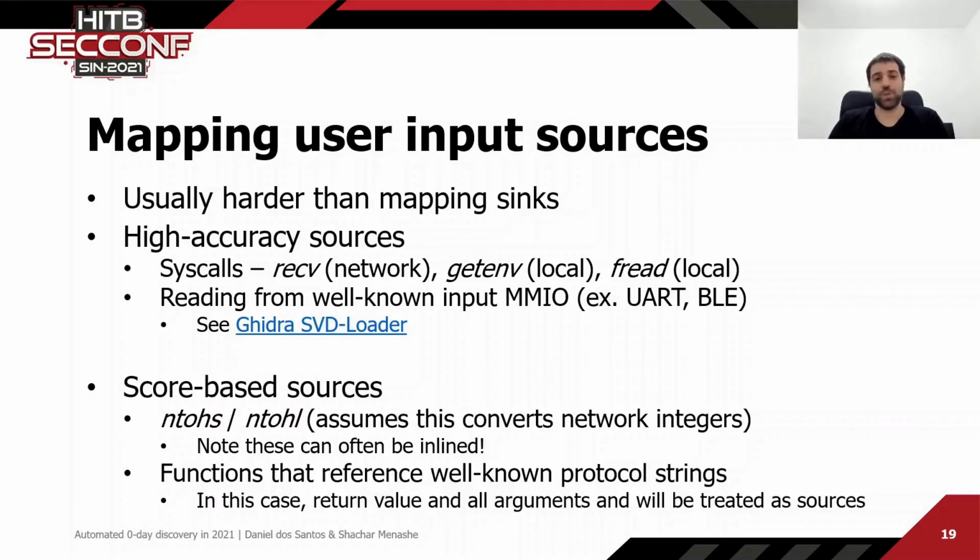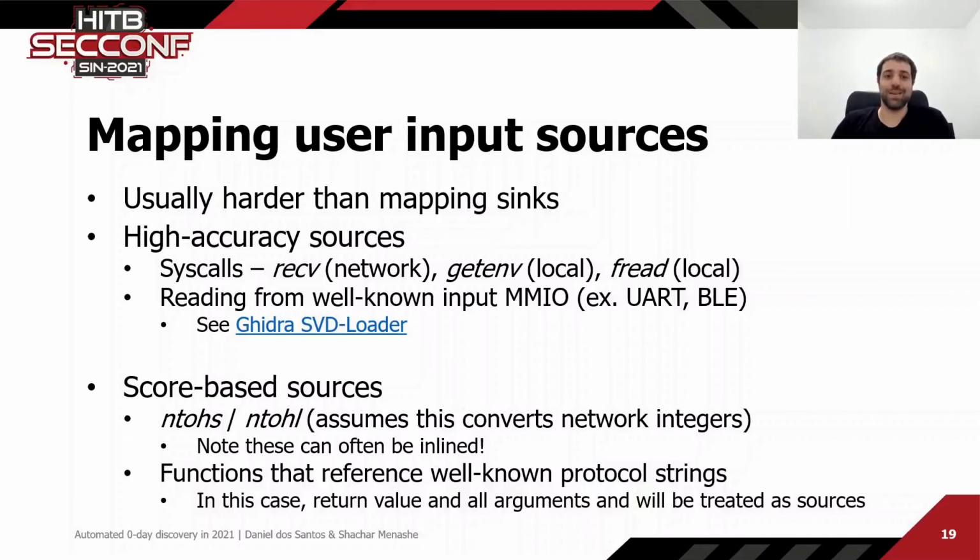If we see a syscall, like if we have the syscall names, or if we get them through divination that we'll see in a while. If we have names like receive, then we know that the second argument of receive is an output buffer that gets data from the network. So we can immediately say, okay, this is a user input source, because we regard network data as user input.